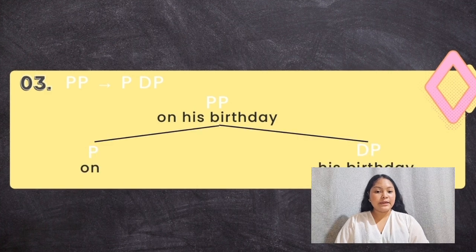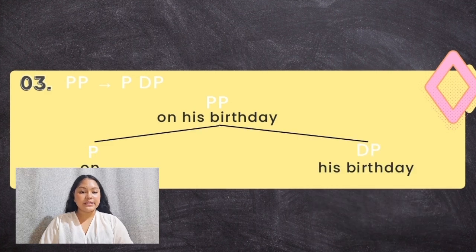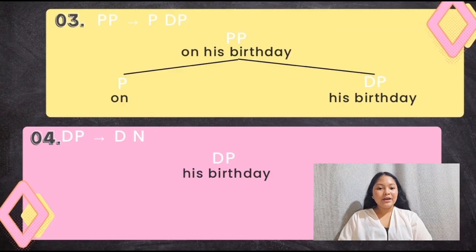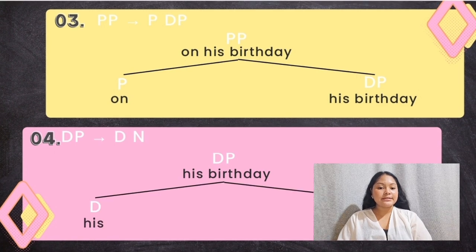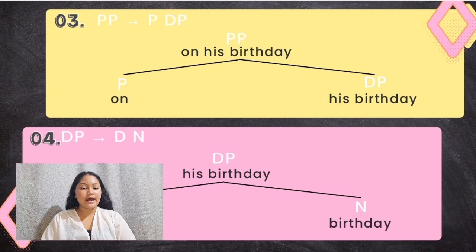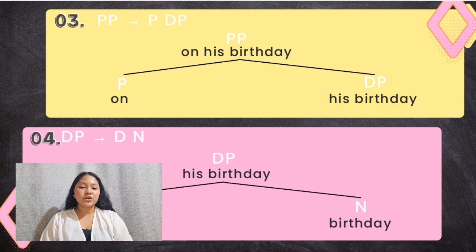First, it is made up of the preposition on, and his birthday as the determiner phrase because it is what the preposition is referring to. Now let's zoom in one last time on the structure of the determiner phrase. The determiner phrase contains a determiner and a noun. So the determiner in this phrase is the word his and the noun is birthday. By following these rules, we can build the full structure of the sentence step by step.